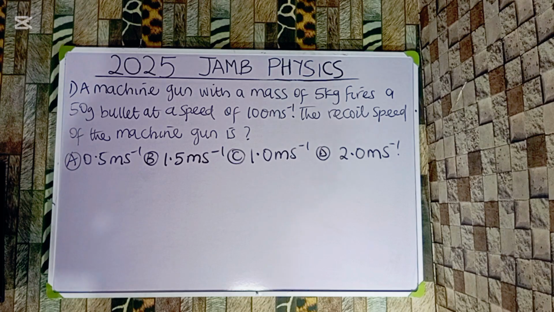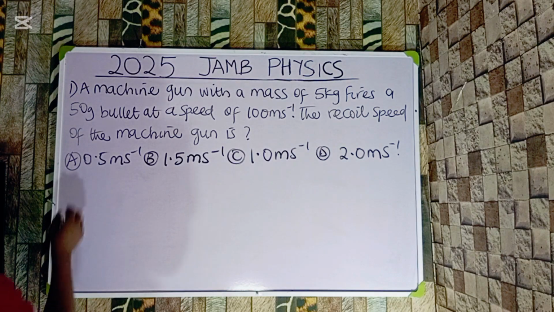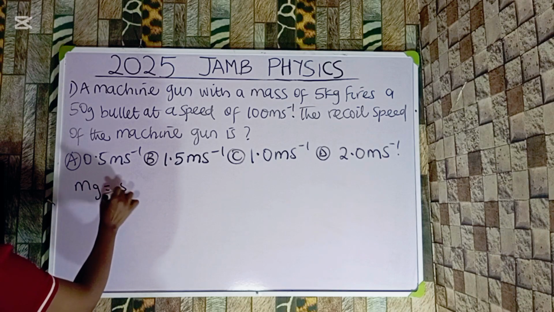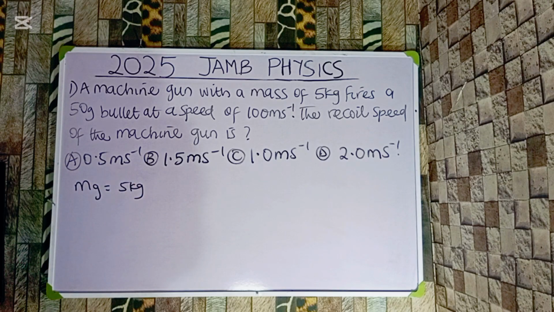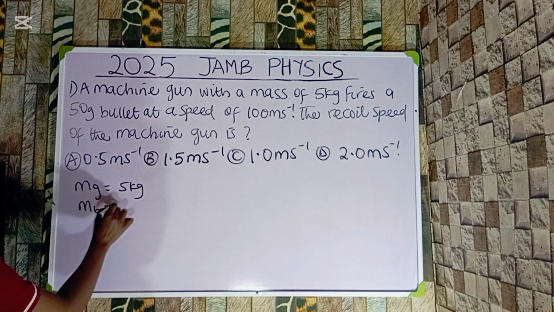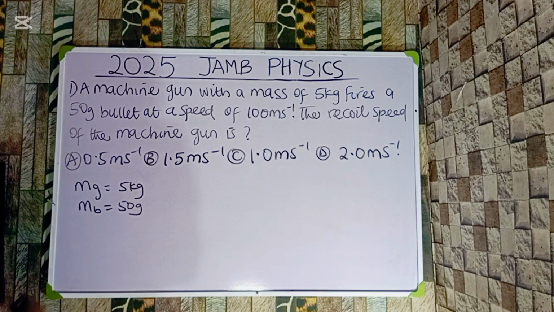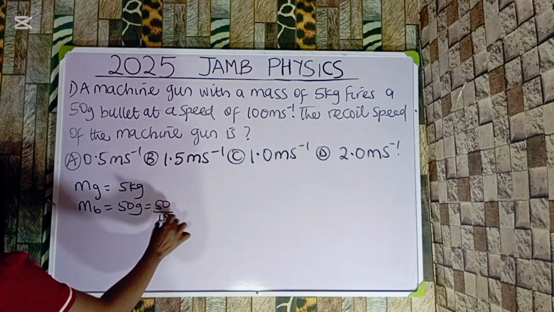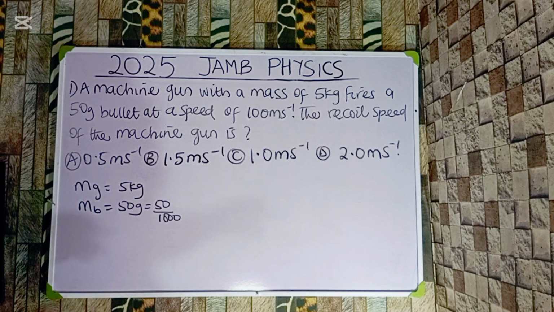Now let's state our parameters given. The mass of the gun is given as 5 kilograms, but the mass of the bullet is given as 50 grams, which is equal to 50 over 1000, because we need to convert the mass of the bullet to kilograms.